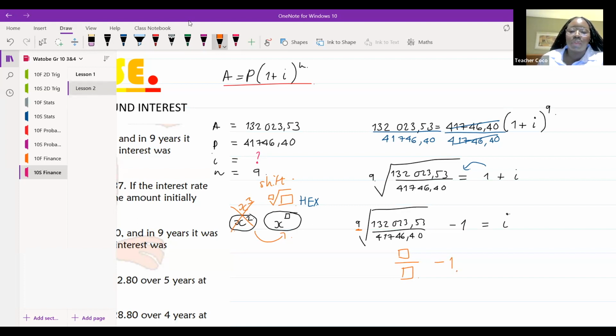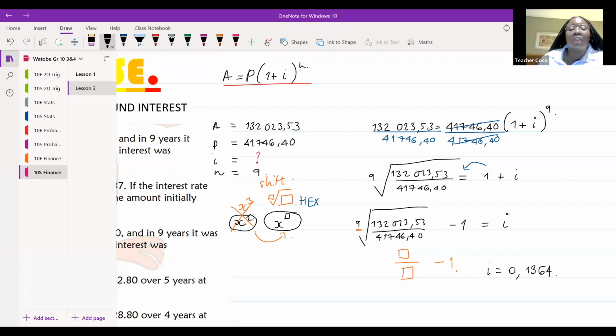Yes, ma'am. And then click equals. You must make it into a decimal. No, keep going. Give me 4 decimals. 0.1364. Okay, excellent. But this is not our interest rate. This is our interest rate over 1.